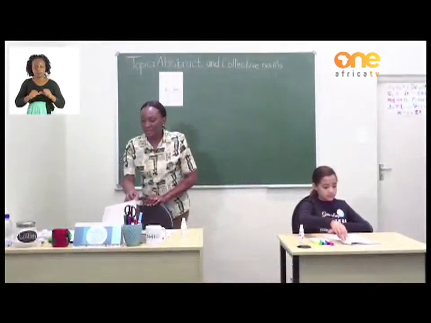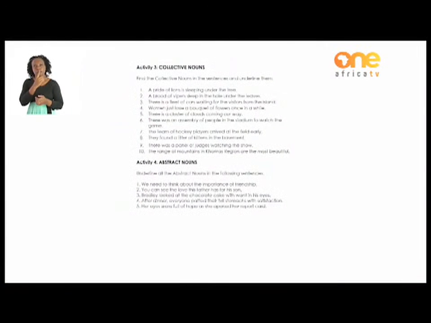Moving on to page 19, we are going to do activity 3. On activity 3, you are going to find the collective nouns in the sentences and underline them. What are you supposed to do? You are supposed to find the collective nouns in the sentences and underline them.